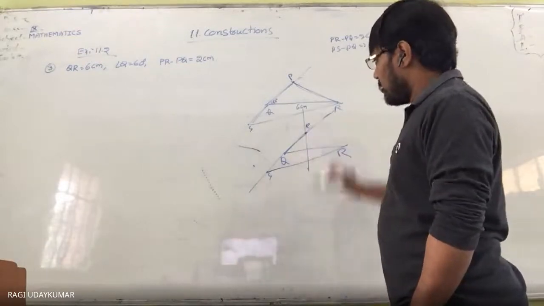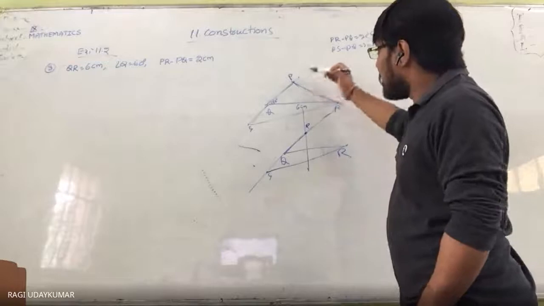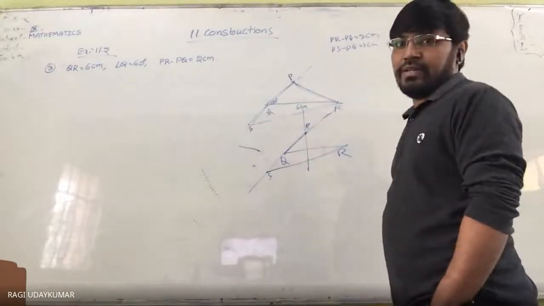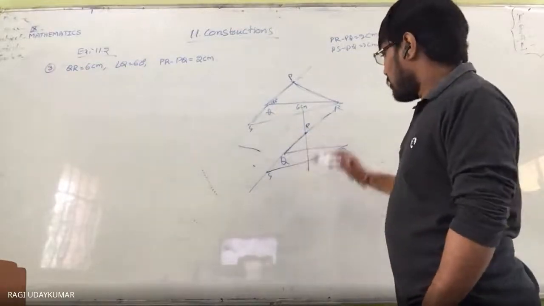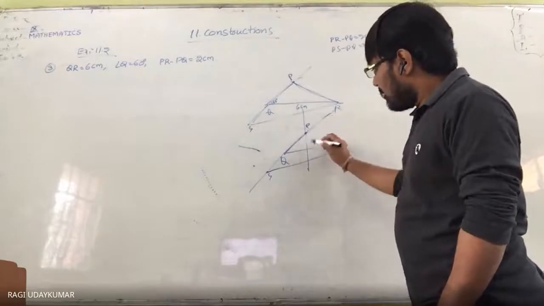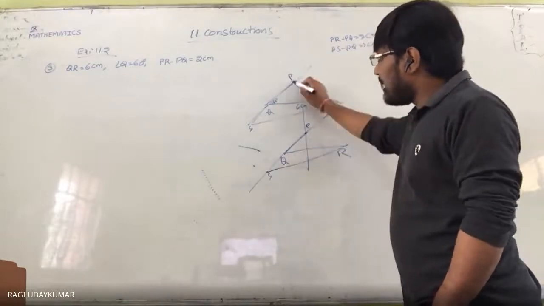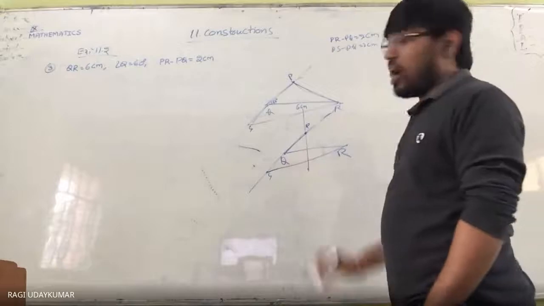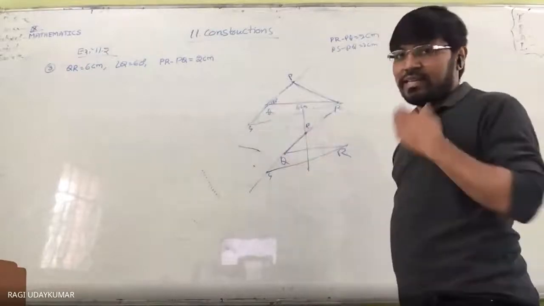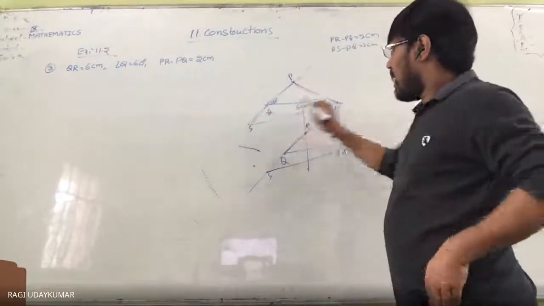So this is the point P. P is at equal distance from R and S. R is not at equal distance from P and S; P is at equal distance from R and S.